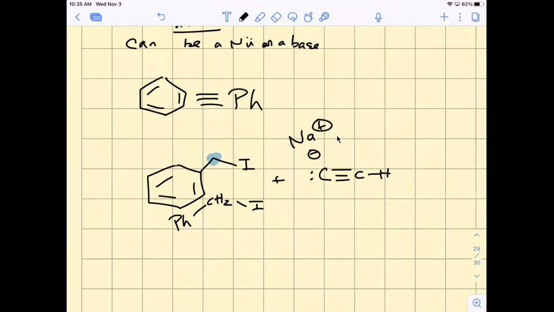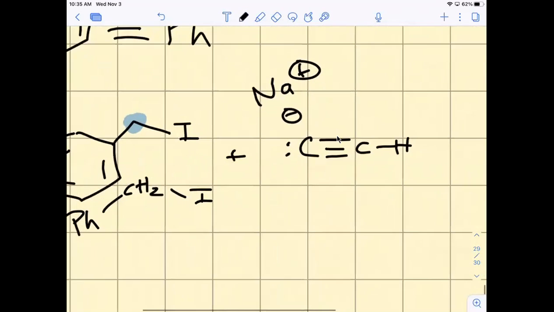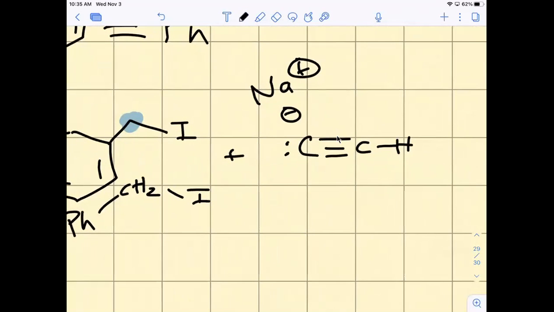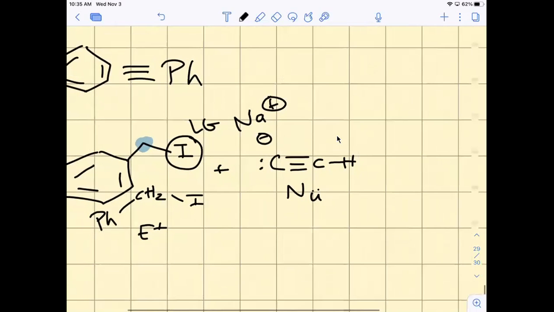All right. So now, what do you think is going to happen? This is something that we've seen before. This is not new. This is a nucleophile. This is an electrophile, right? This is a leaving group. What kind of reaction are we getting ready to do here?